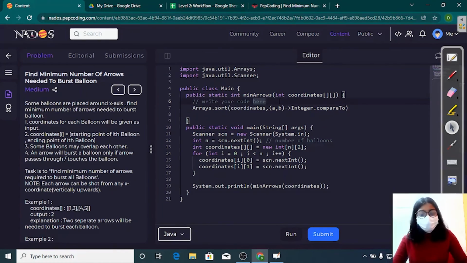According to a of 1, because we are sorting according to my ending index. So a of 1 represents the ending index, right? And b of 1 also.